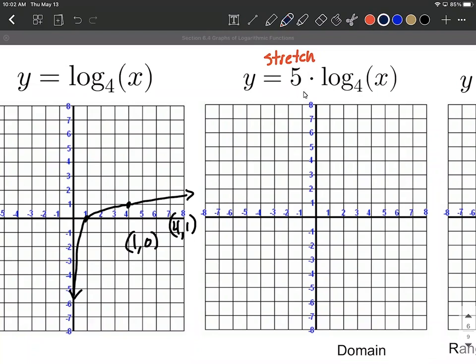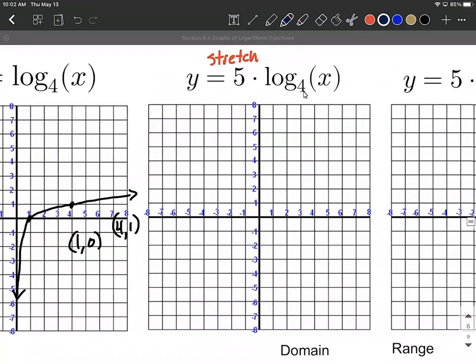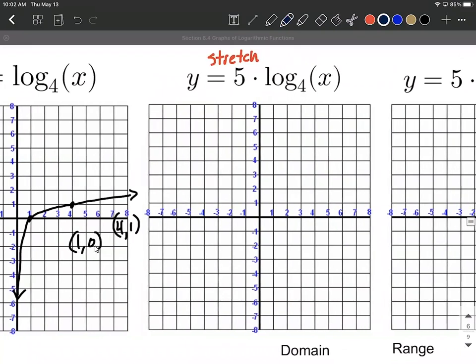So what's happening to all the y values is we're multiplying each one of them by 5. So using these two key points that we already know on our graph, I'm going to multiply the y value from each one of these key points by 5. That'll give us points on our new graph, 5 multiplied by log base 4 of x. So the first one, we have (1, 0). We multiply the 0 by 5, we still get (1, 0).